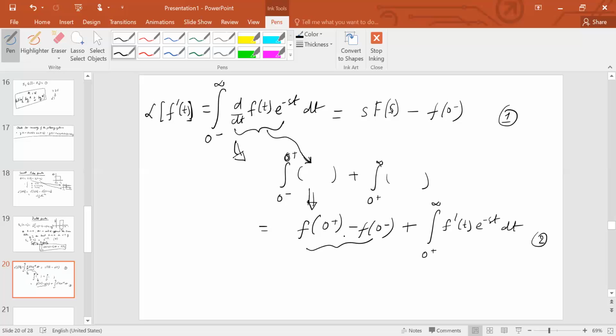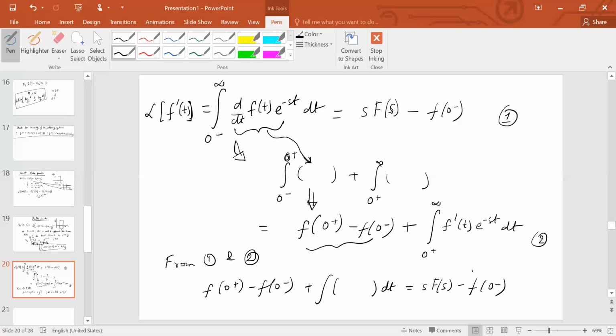So this is 2. The left-hand side is equal to this, and that is also in turn equal to this. So combining 1 and 2, what we can write is that f of 0 plus minus f of 0 minus plus this particular integration is equal to s F of s minus f of 0 minus. Of course, this and this will cancel out from both sides.